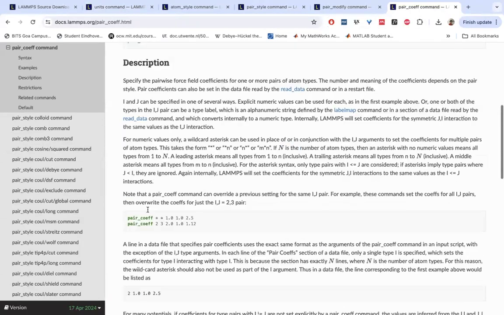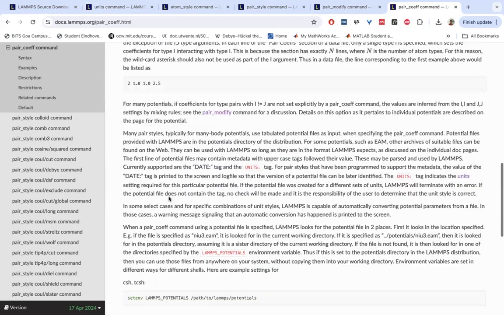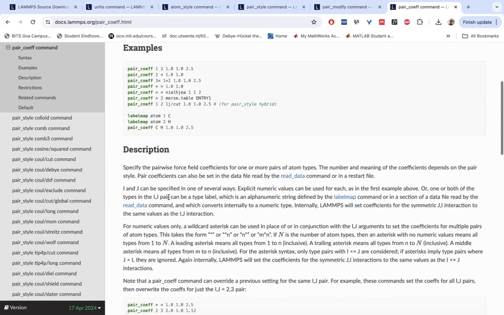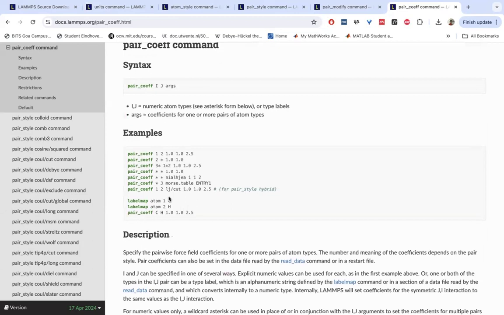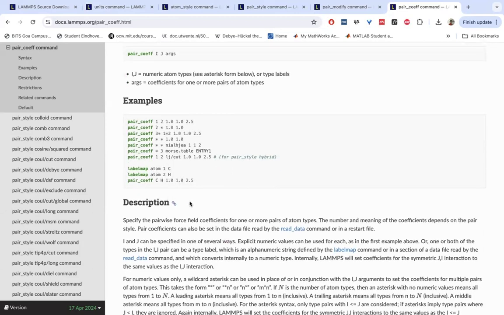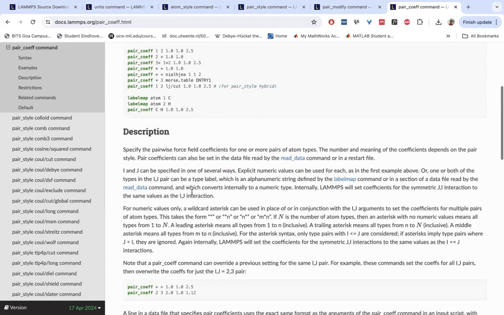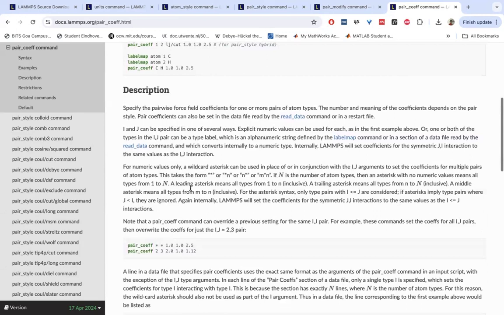So in this case, you can say what the exact specification is. So here it depends on which type of force field you're using.